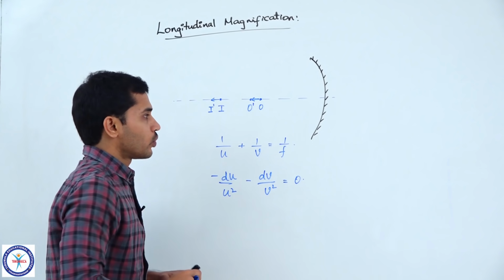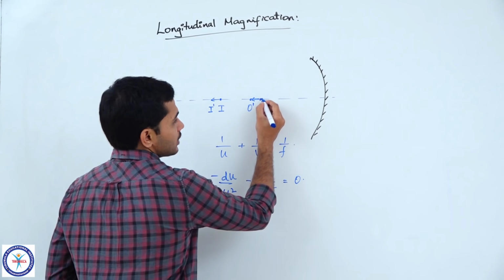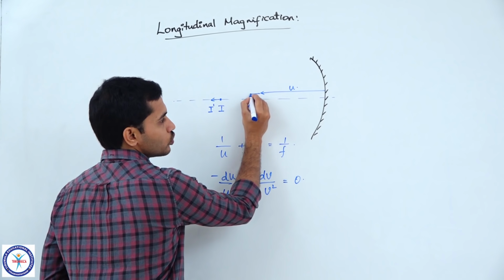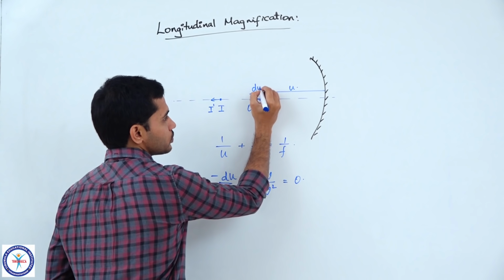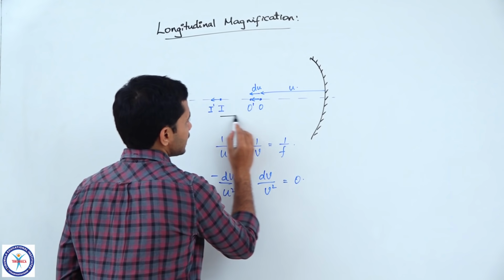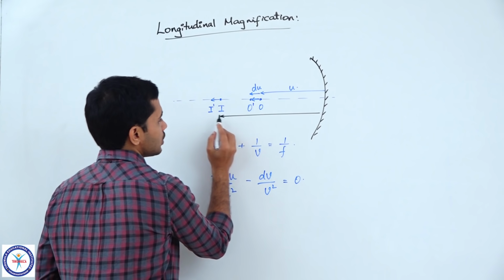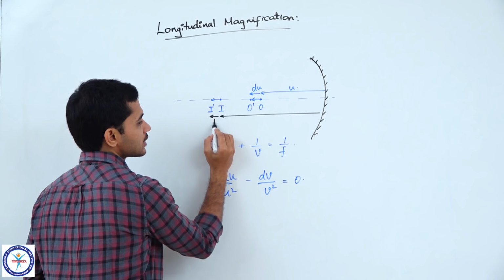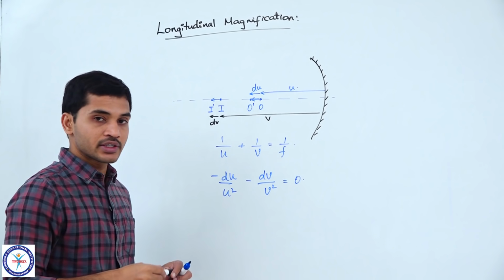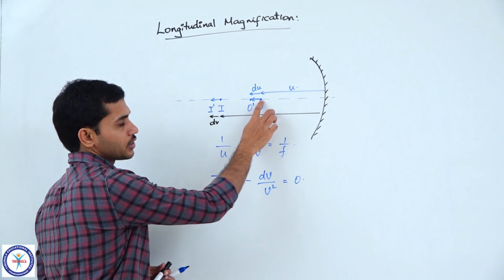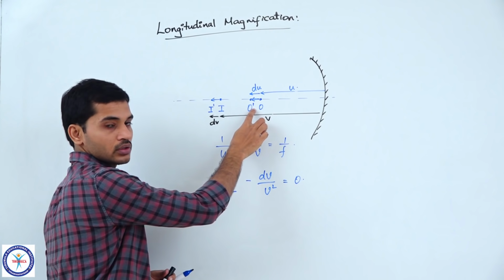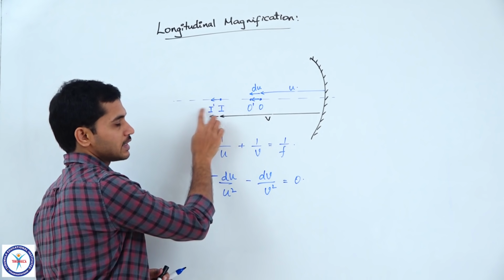Now think of it like this. Let us say the object is initially at a distance of u and it has moved by a small du, and the image is at a distance of v and it has moved by a small distance of dv. So the object when at u, image is at v. When the object moved to u plus du, the image moved to v plus dv.